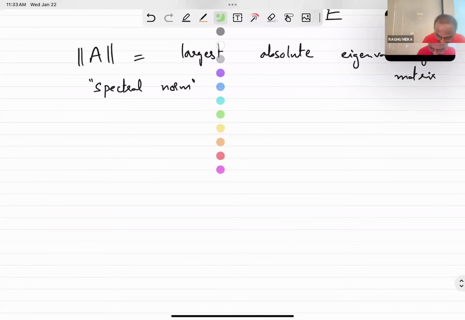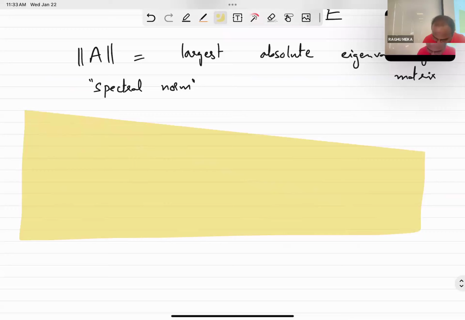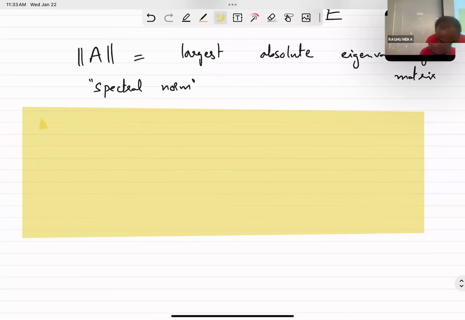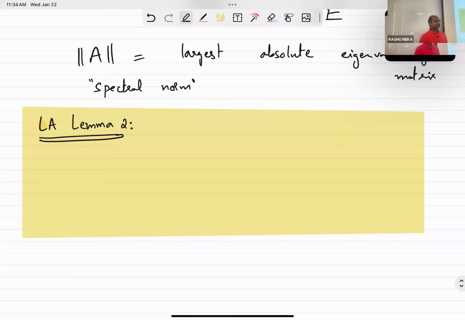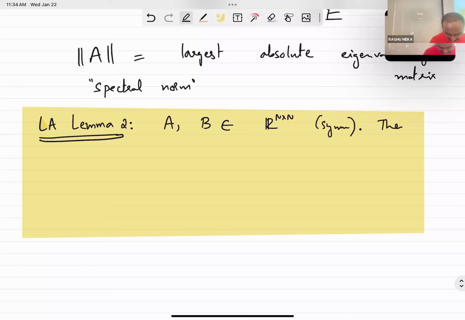So when I say it's a spectral norm, it's a non-trivial thing to prove, but you can actually prove, again, wonders of linear algebra. Just like the first wonder of linear algebra is that row rank equals column rank. The second wonder is that this is actually a norm. So if I have two matrices which are symmetric, you can again define things for non-symmetric too. Then what does it mean to say it's a norm?